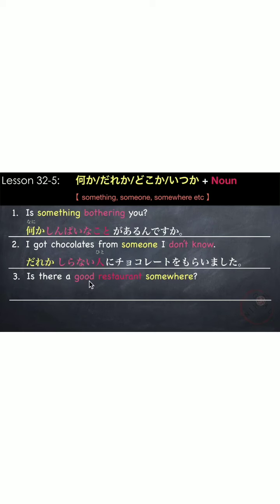Another example. Is there a good restaurant somewhere? どこか or somewhere. いいレストラン. Our noun is restaurant and we're describing it as a good restaurant. どこかいいレストランありますか? And last example.